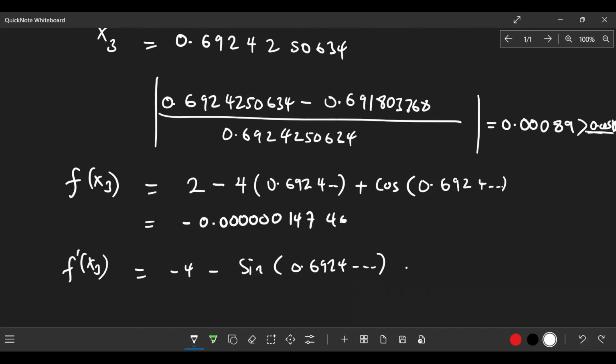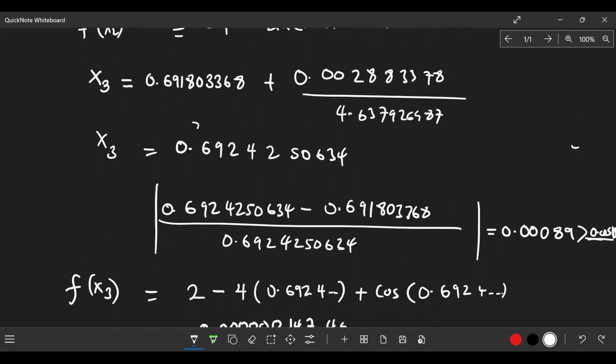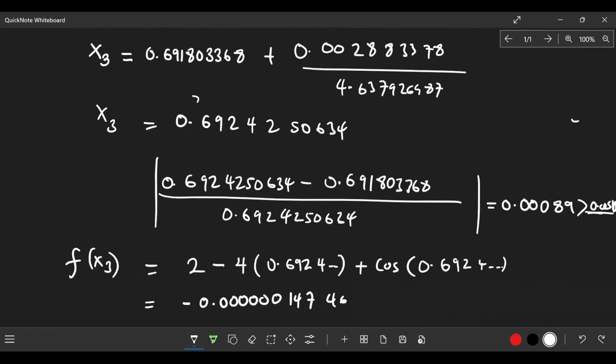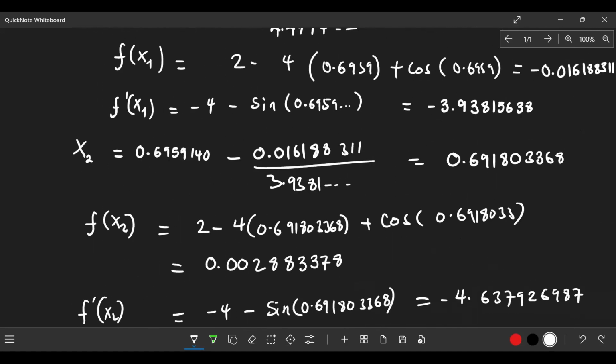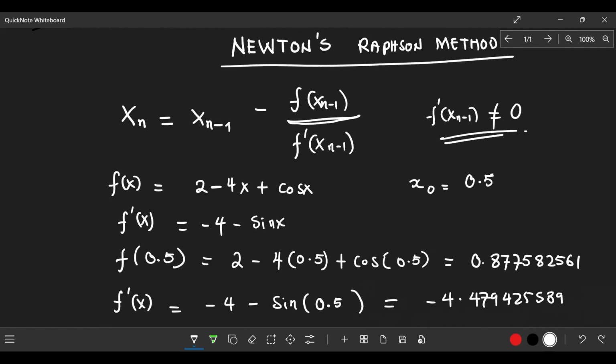Okay, and then the second one, who's managed to get the second one? And dear people, have you noticed something? As this solution converges, f of x approaches 0. To check that it's converging, this guy on top has to be reducing, while this guy in the denominator has to be increasing.